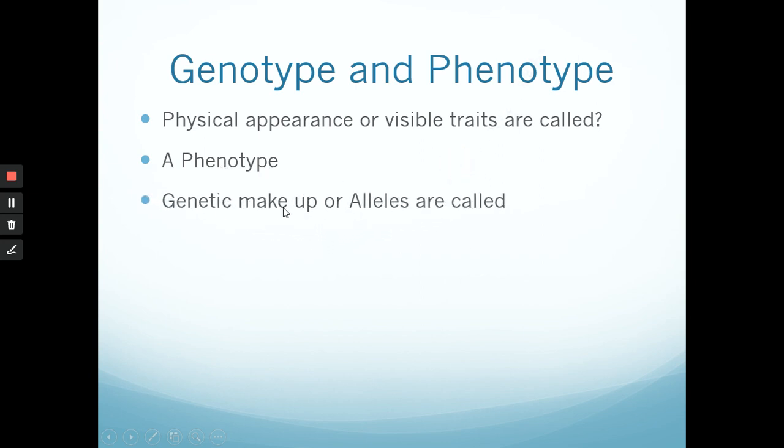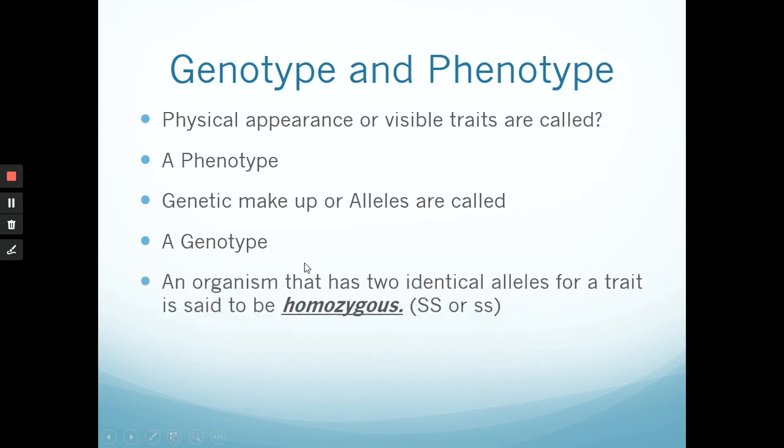And the genetic makeup or the alleles are the genotype. This is where we end up with our two letters, our capital and lowercase if it's heterozygous, two capitals if it's homozygous dominant, two lowercase if it's homozygous recessive.